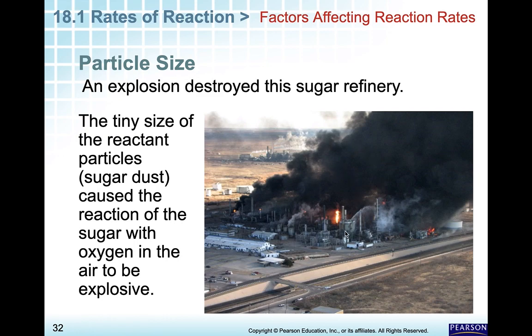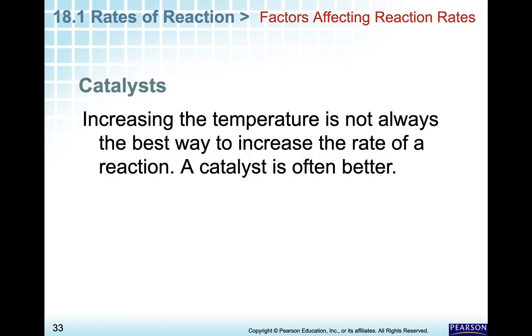It was a combustion reaction, and there was so much surface area because of the small dust particle size that the combustion reaction happened so fast it was an explosion. So you have to be very careful when dealing with dust-sized particles.